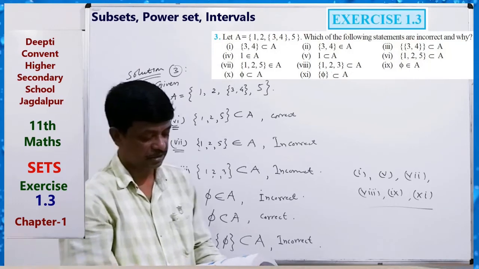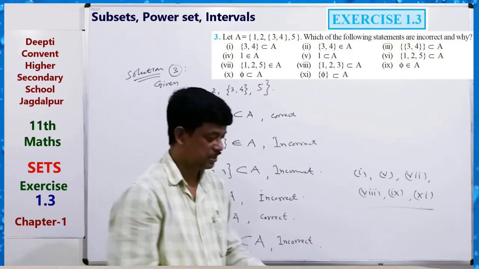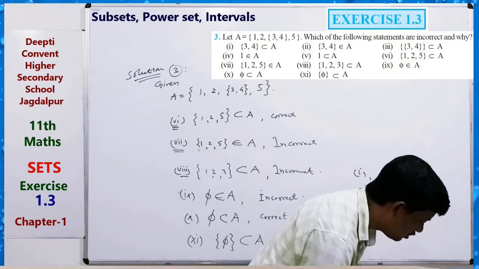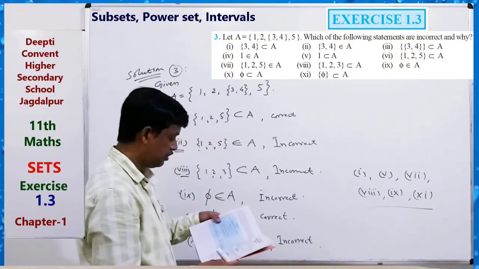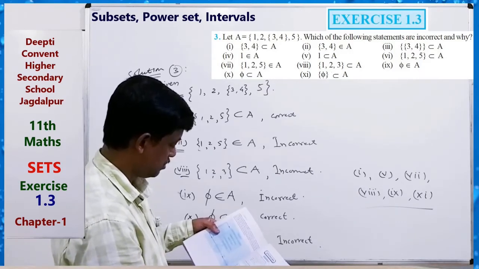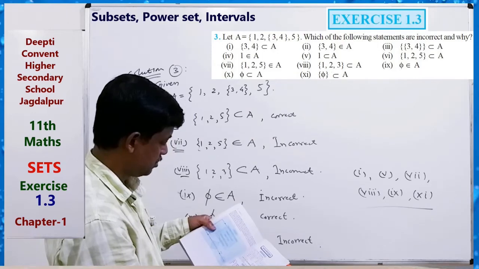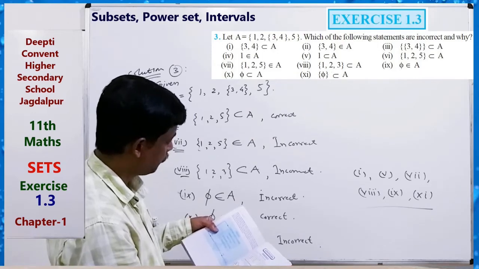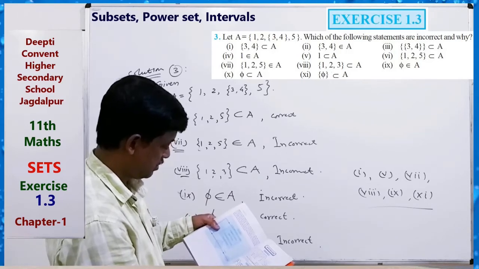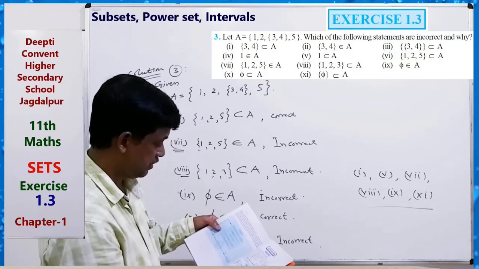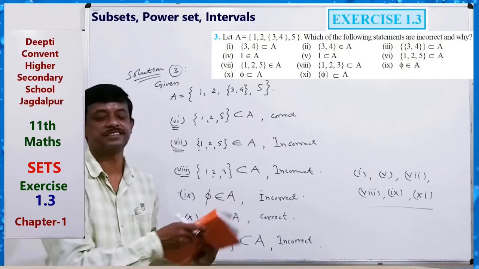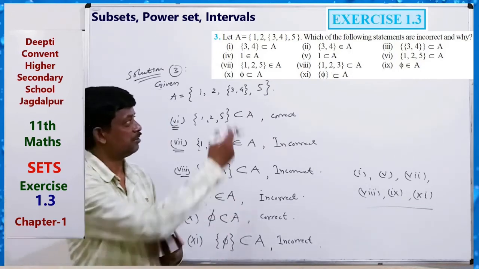This comes from our discussion. So 1, 3, 5th, 7th, 8th, 9th and 11th. Okay, so these 6 are incorrect statements from this question.